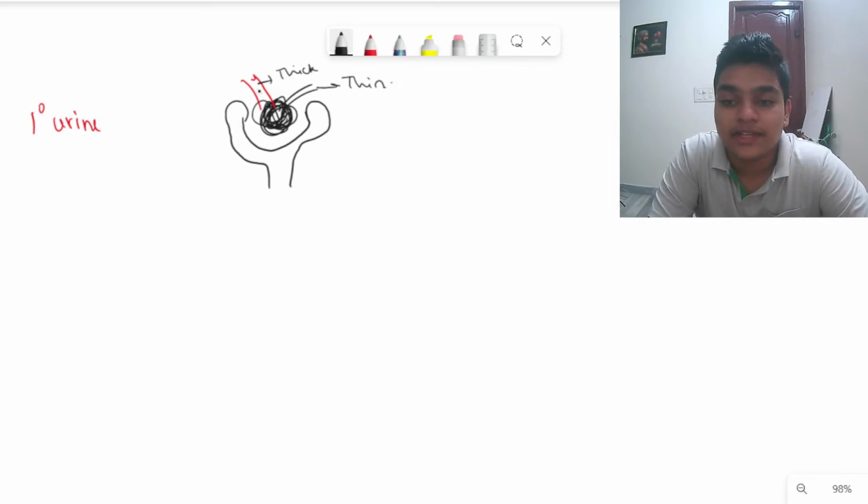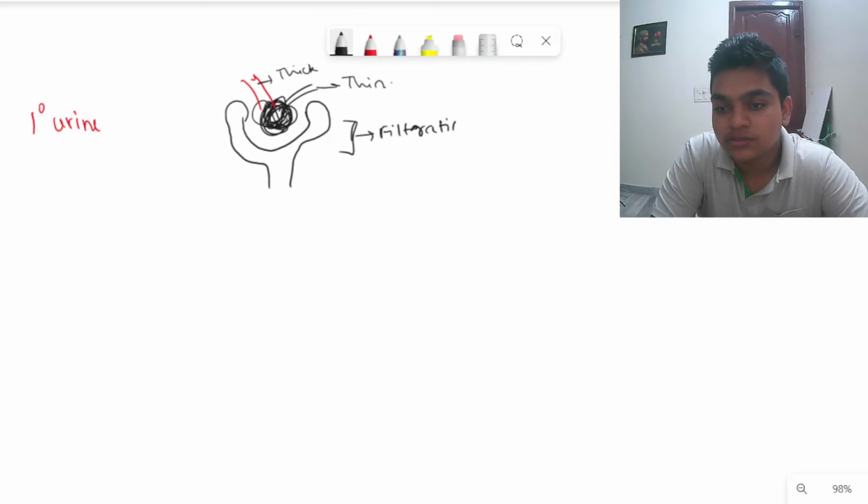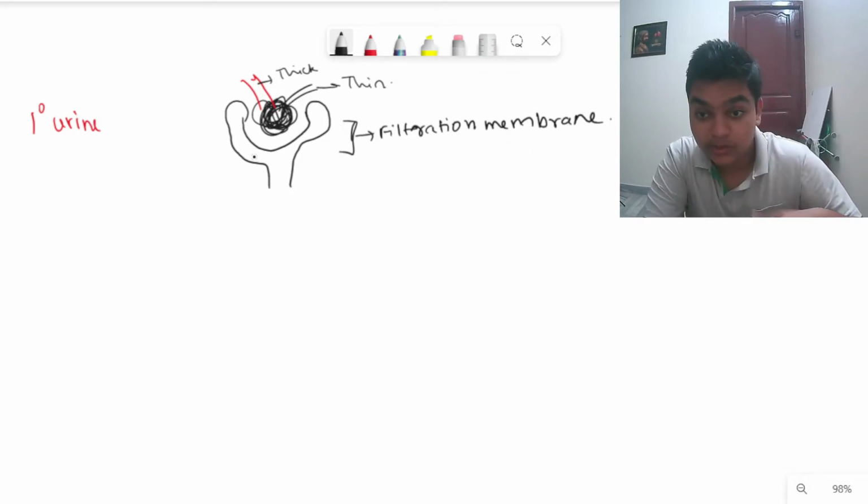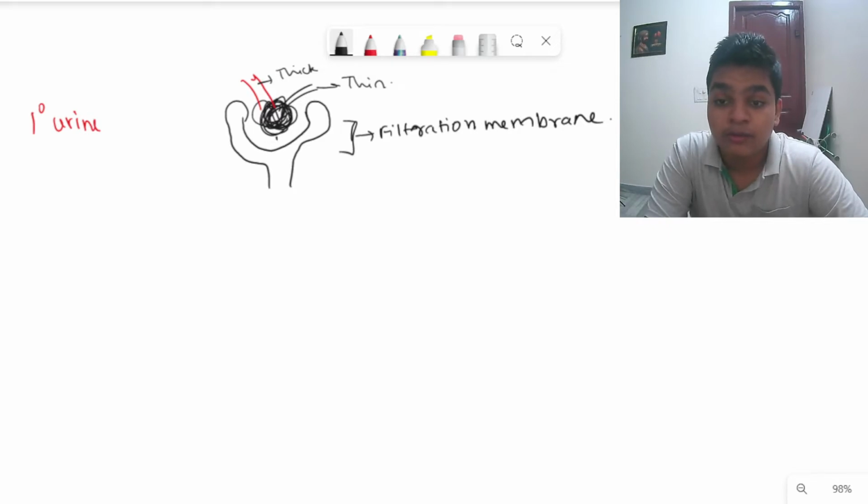Now when the blood enters the glomerulus through the afferent arteriole, it passes through the glomerulus and through the filtration membrane, which is here. I have already told you what the components of the filtration membrane are, so I will not explain again.